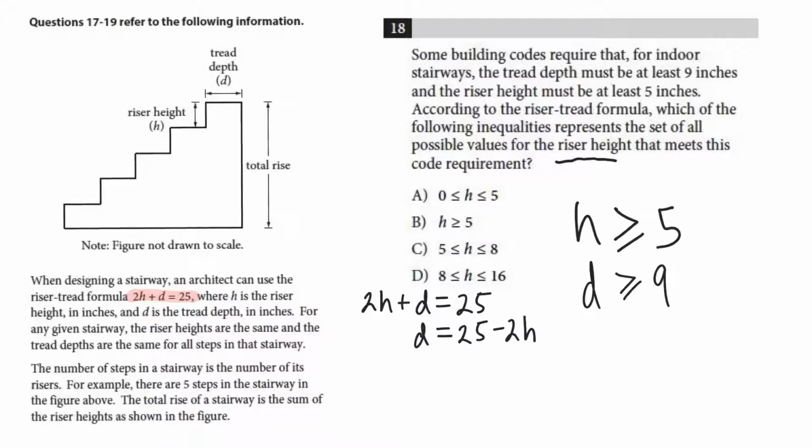Well, if we know that d is equal to this expression, and we know that d has to be greater than or equal to 9, then we can do a substitution here, and we get that 25 minus 2h is greater than or equal to 9. Now, if we solve for h, well, we know h has to be greater than or equal to 5, and we'll get another inequality here for h. So let's see what we get.